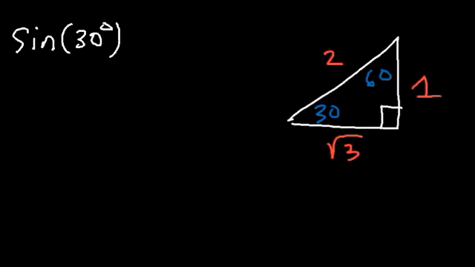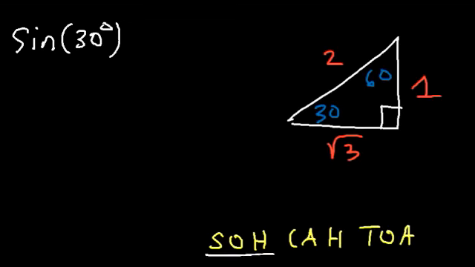Now there's something called SOHCAHTOA. And we're going to focus on the SO part because S stands for sine. Sine of an angle, let's say theta, is equal to the opposite side divided by the hypotenuse. O stands for opposite, H stands for hypotenuse, A stands for adjacent.